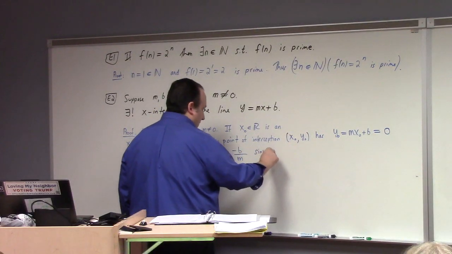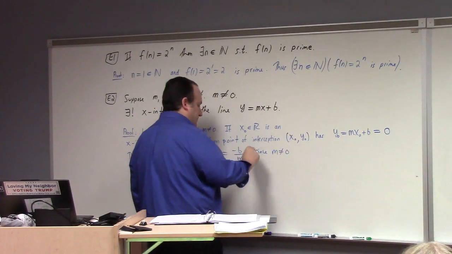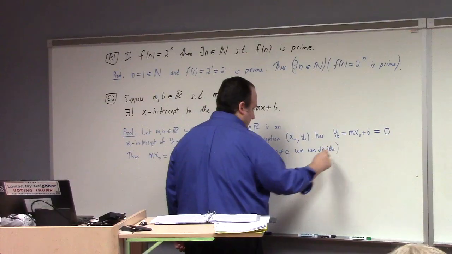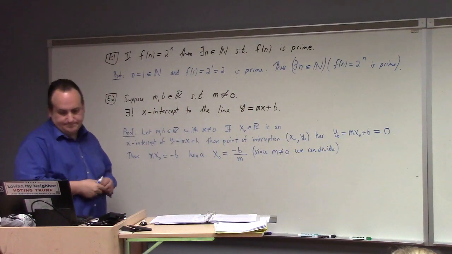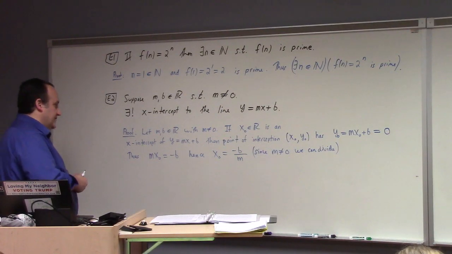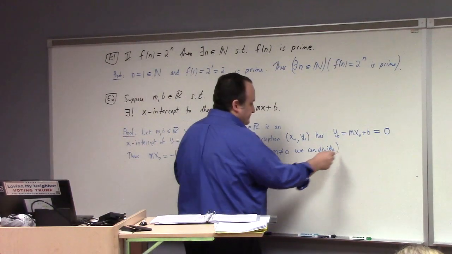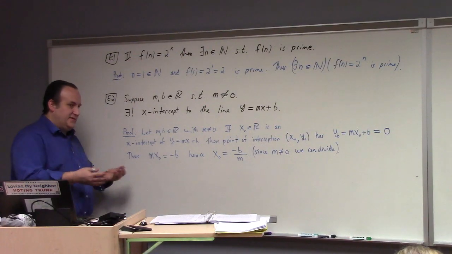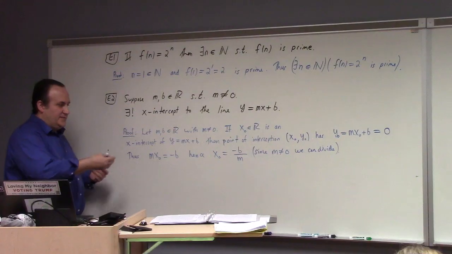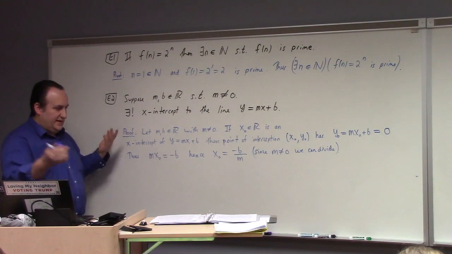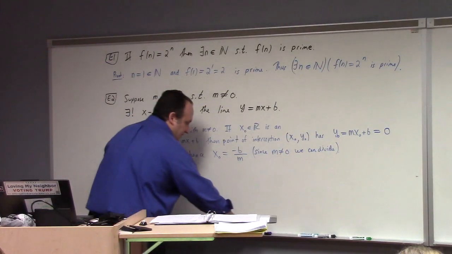Since m is not equal to 0, we can divide, right? So how would we prove this is unique? A lot of times I would just say, we're done. It's clear it's unique because m and b are given numbers, and the ratio of two given numbers is a single number, right? But if your reader's not convinced, you can do this maneuver here.